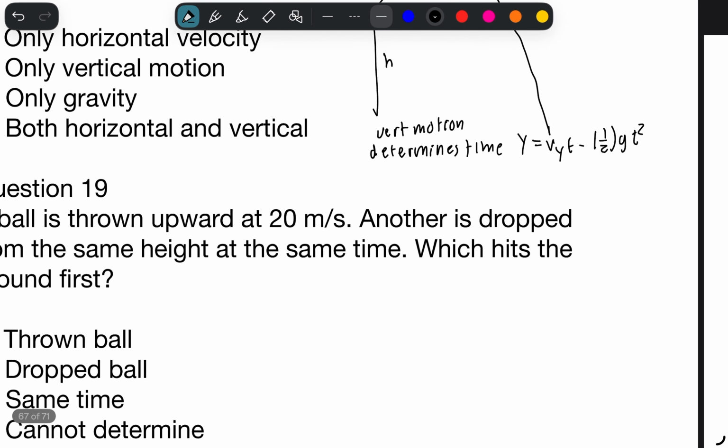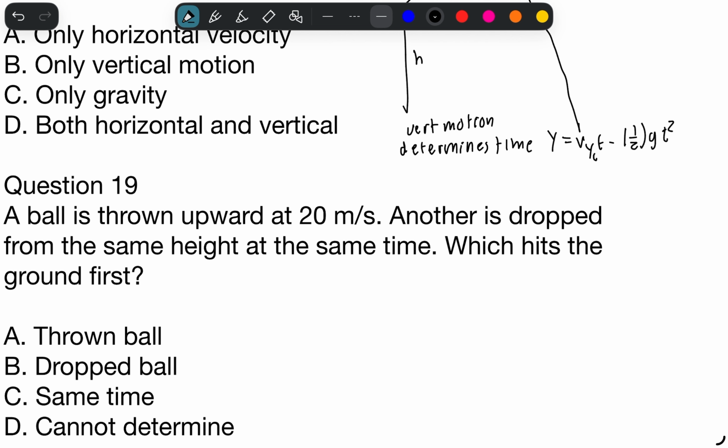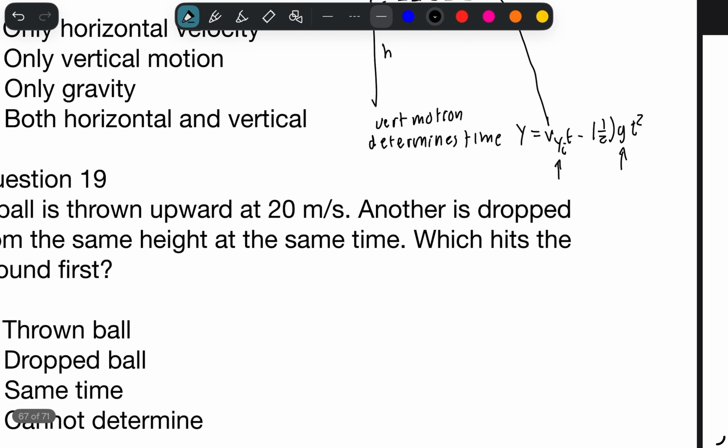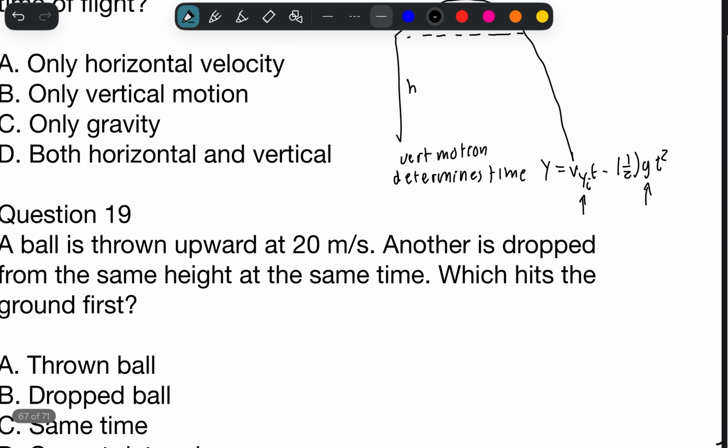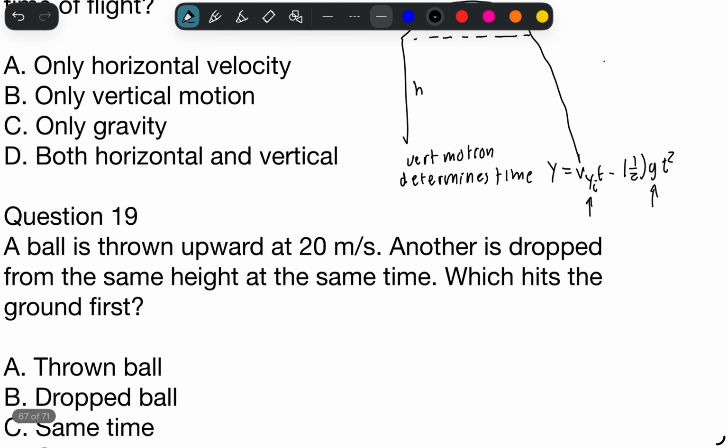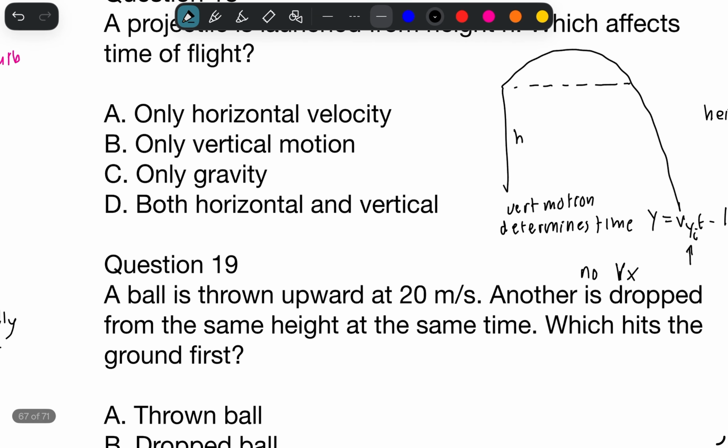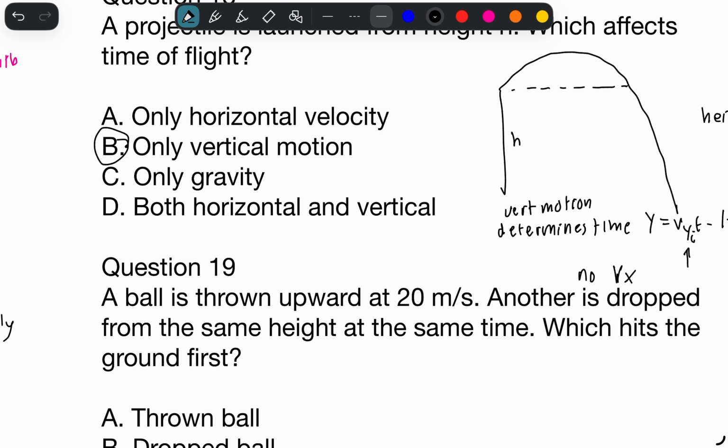So we can see that it's dependent on our initial vertical velocity, our gravitational constant, and also our height. But we don't have horizontal velocity. Now, that means that we have only B. Only vertical motion affects the time of flight.